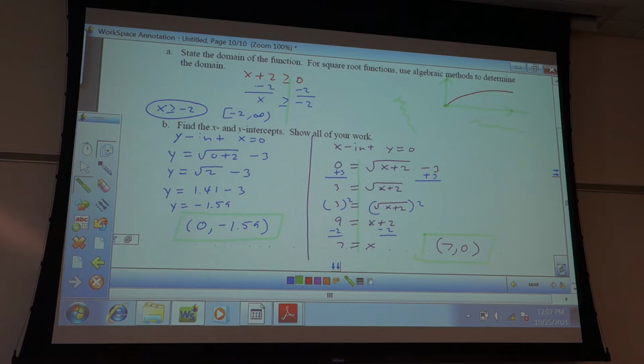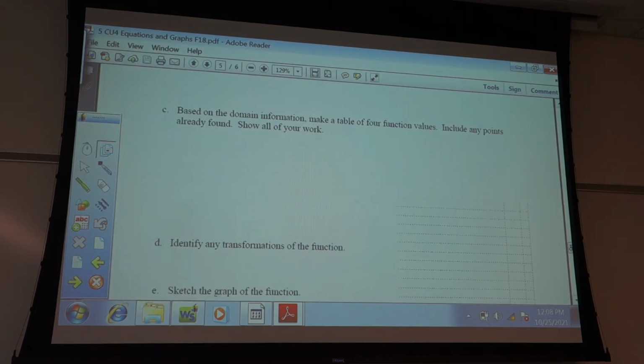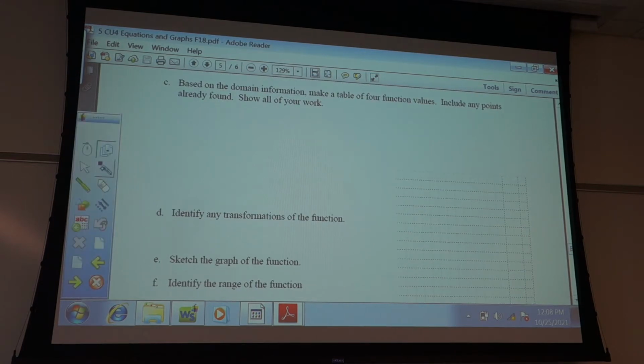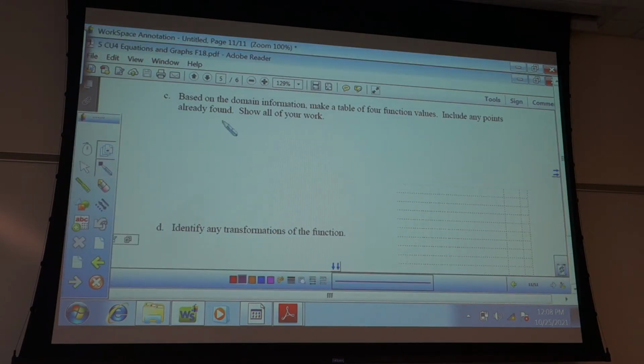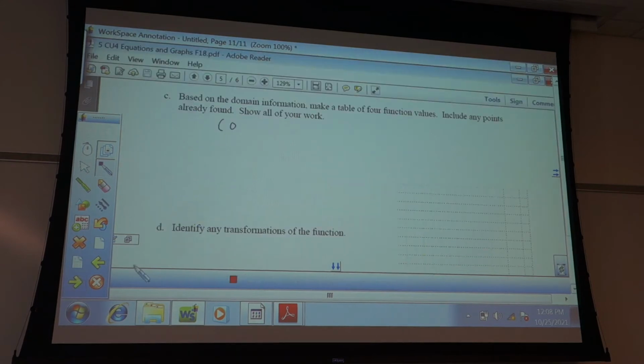I feel like that's what everybody got from looking around. Great. So we can do 1.6, that might be easier. So 0, negative 1.6, and 7, 0.